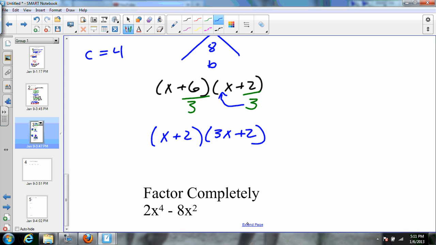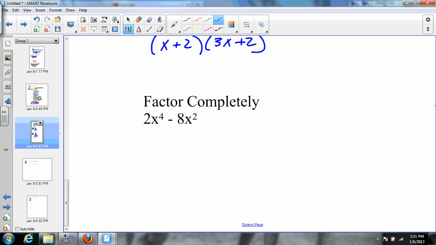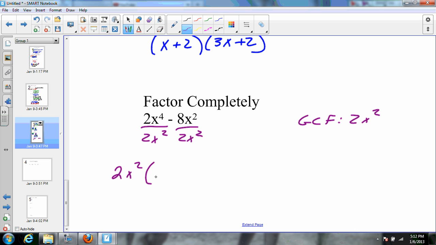Sometimes you're going to have to do multiple factoring. So we're looking at 2x to the 4th minus 8x squared. It's only two terms, so we look for a GCF. And on this one, it is 2x squared. So we divide it out. What we have left is x squared minus 4.